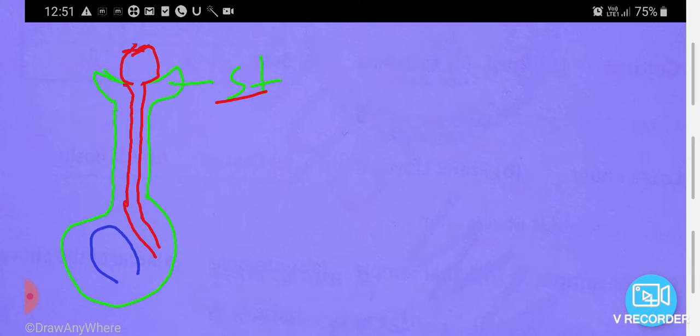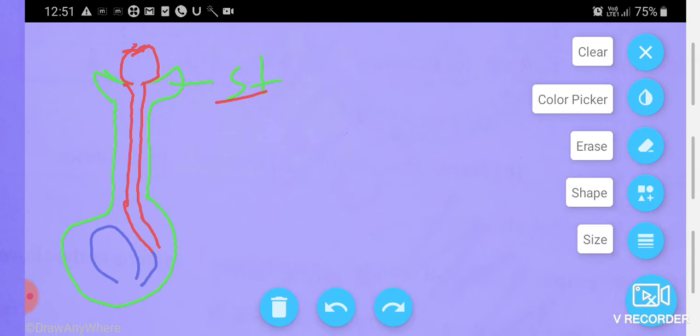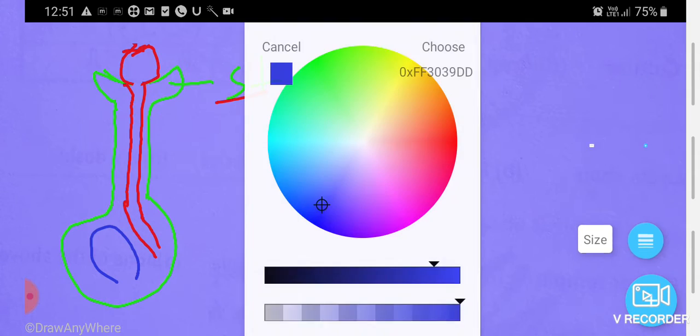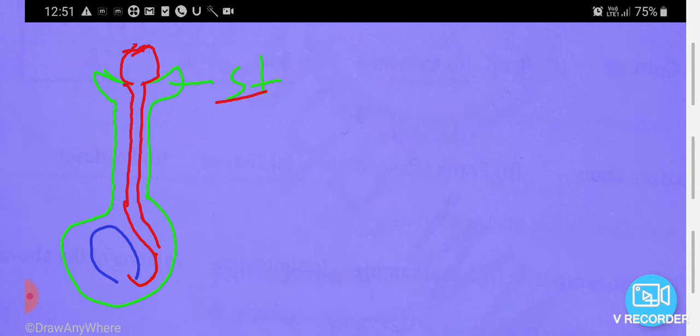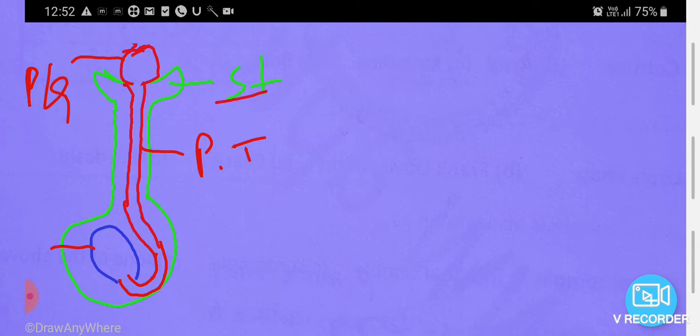So this is the ovule, and this pollen tube enters into this ovule. This is the pollen grain, this is the pollen tube, and this is the ovule, and the outermost is the ovary.